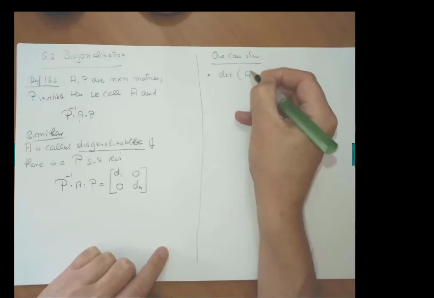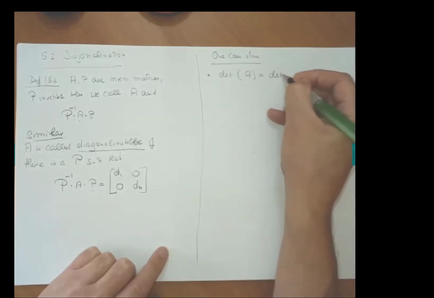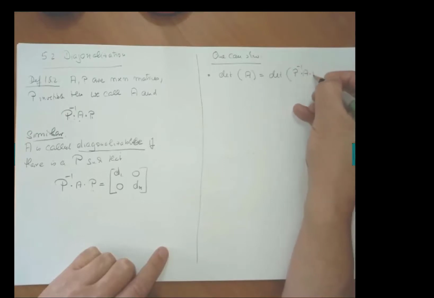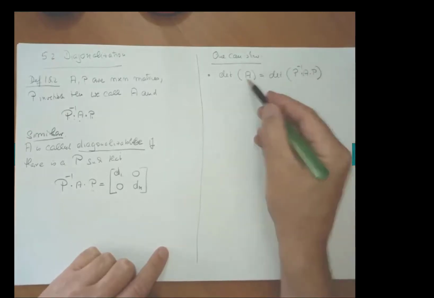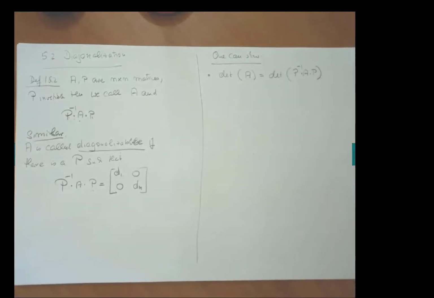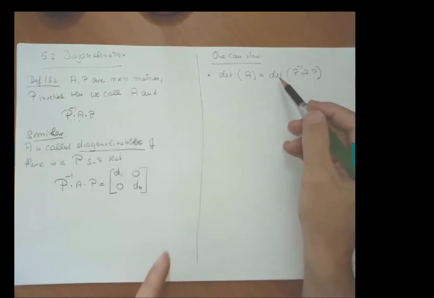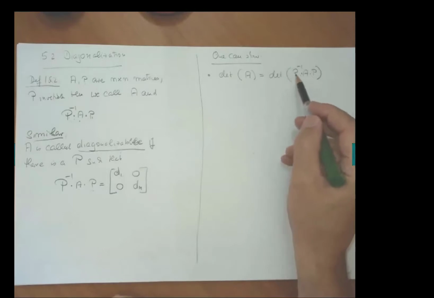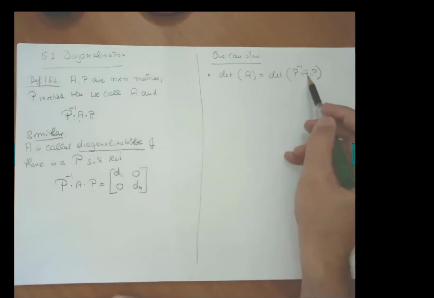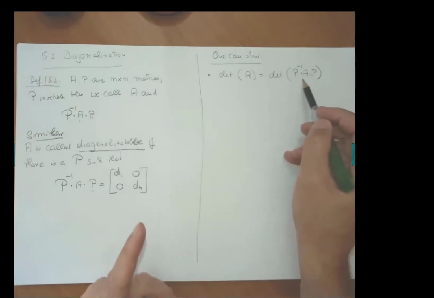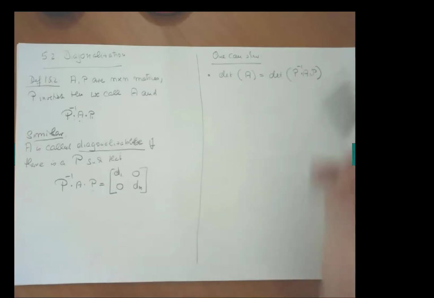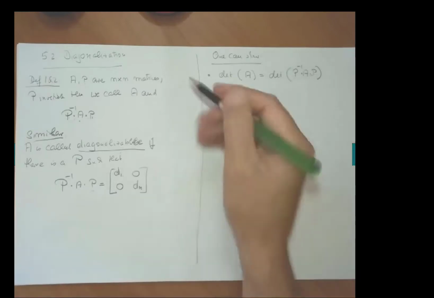So if a matrix is similar to another matrix, the two matrices have the same determinant. Again, because they are kind of the same thing anyway, that makes sense. To prove this, I only need the fact that the determinant of a product is the product of the determinants, and the determinant of the inverse is 1 over the determinant of P. So it's just one line with the results of chapter 2.